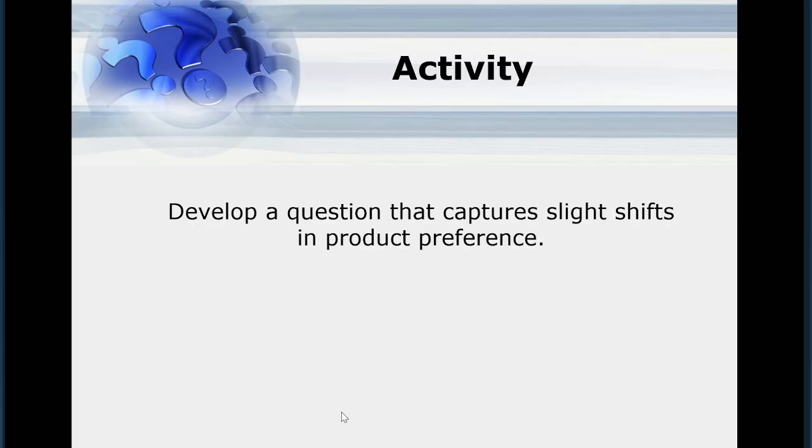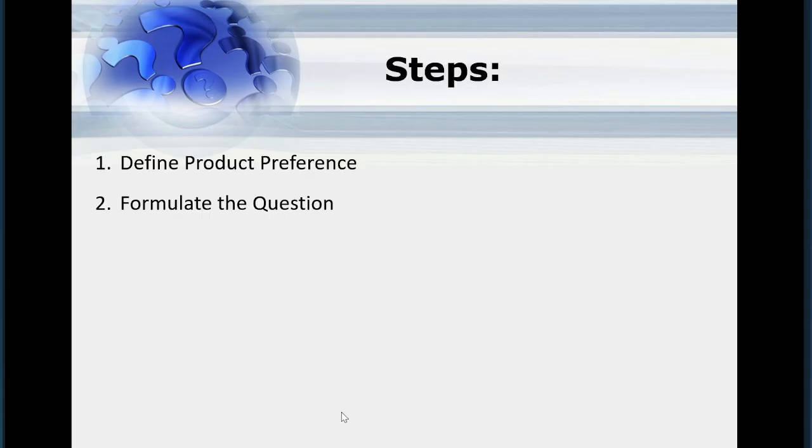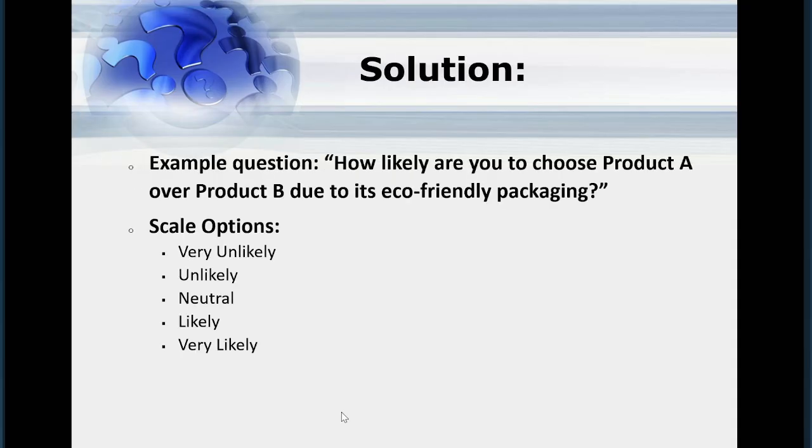You can develop a question that captures slight shifts in a product preference. For this, you can define product preferences and then you can formulate the question. So the example question is, how likely are you to choose product A over product B due to its eco-friendly packaging?